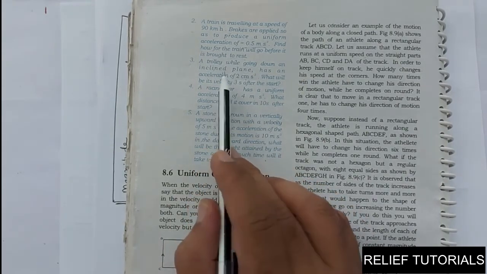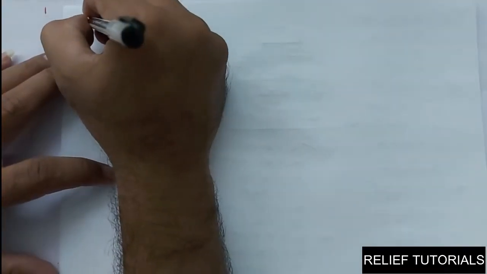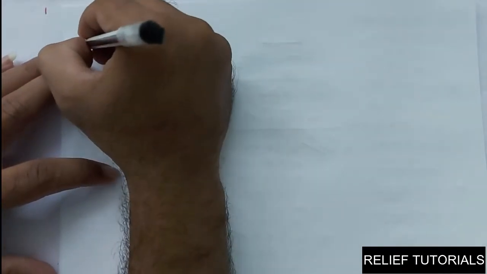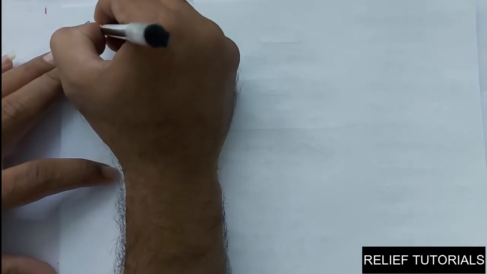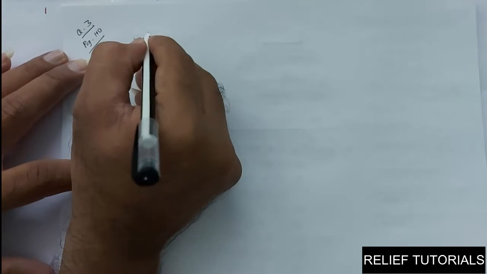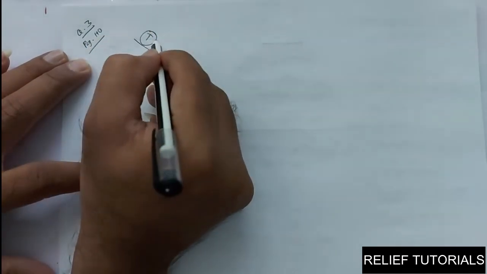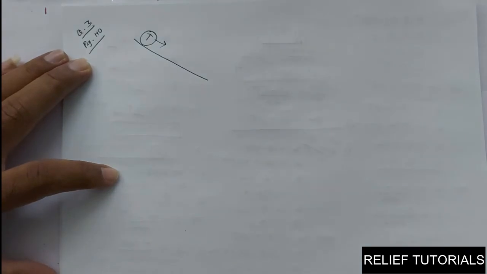Again in the question, a trolley while going down an inclined plane, question number 3, page 110. The inclined plane is like this, and this is the trolley going down in this direction.